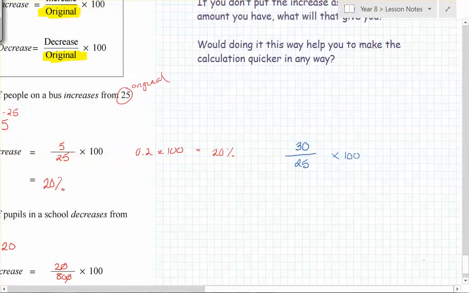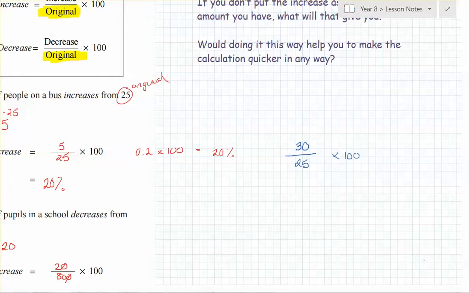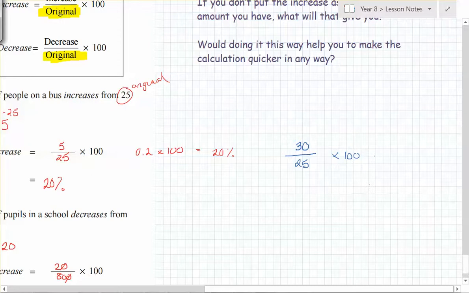Okay, if we do 30 divided by 25 times 100, what do we get? 120%. That's the math to do it. Because 30 divided by 25 times 100, we find the answer as 120%. So, the question then is, can you make that link?